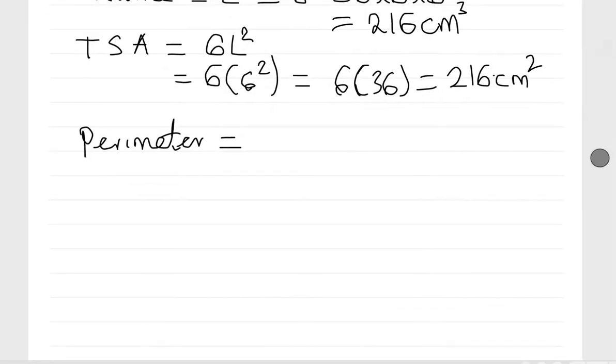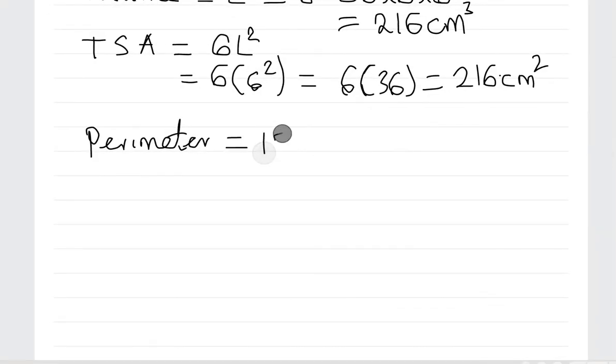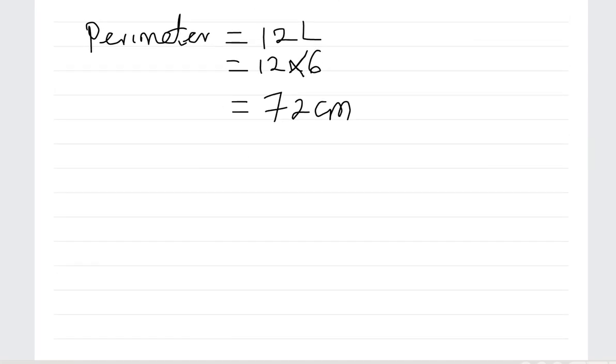You can see that these are very simple things. 12 times 6, that's 72 centimeter. So that is how you calculate questions under cube and cuboid.